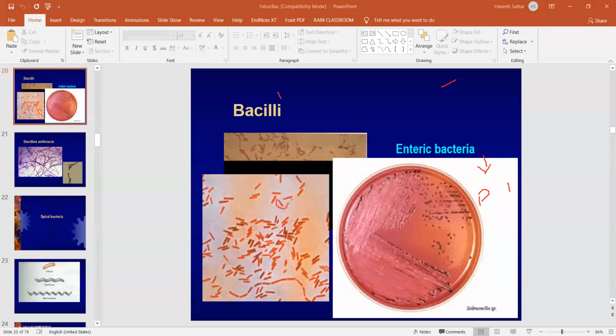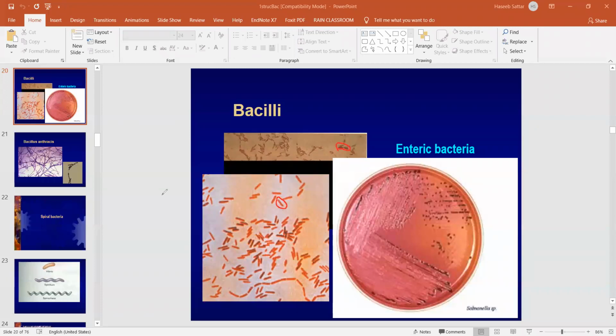Their color is pinkish to red. So are these bacteria gram positive or negative? Yeah, gram negative. Very good. The same here. These bacteria are gram negative.